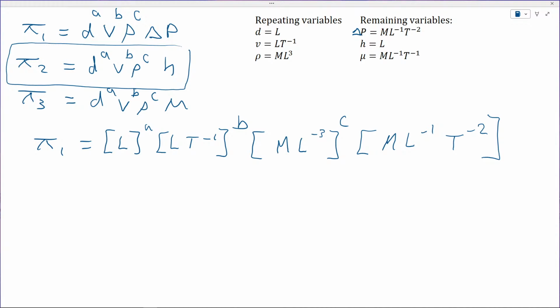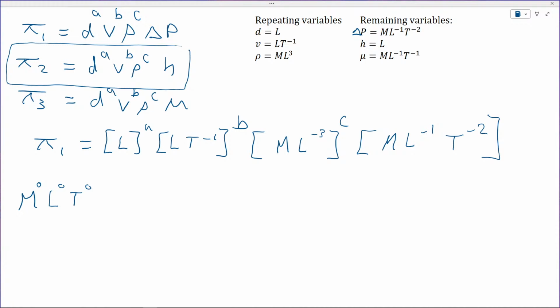Now what do I want to do? I know that the dimensions of this guy are M to the power 0 to get 1, L to the power 0 to get 1, and T to the power 0 to get 1. That's how I make this guy dimensionless.